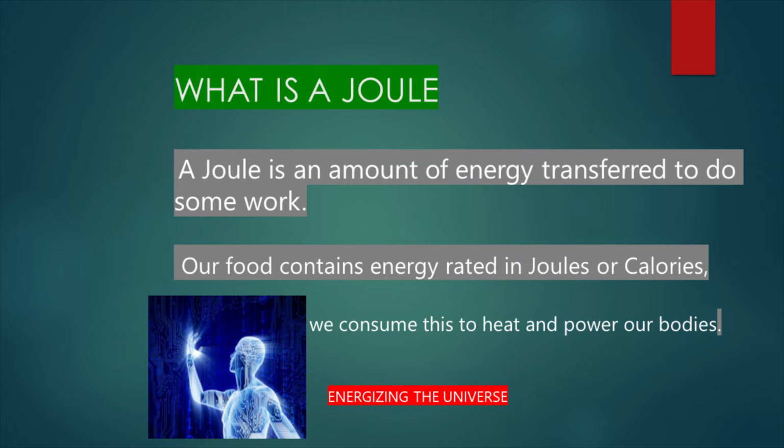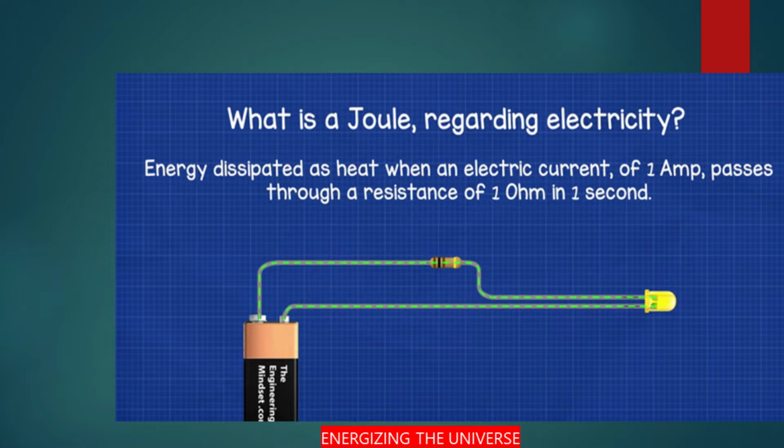We consume this heat, in terms of calories, and we power our bodies. What is a joule regarding electricity? This is the energy dissipated as heat when an electric current of 1 amp passes through a resistance of 1 ohm in 1 second.